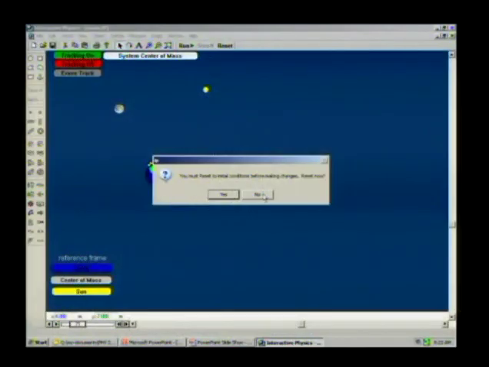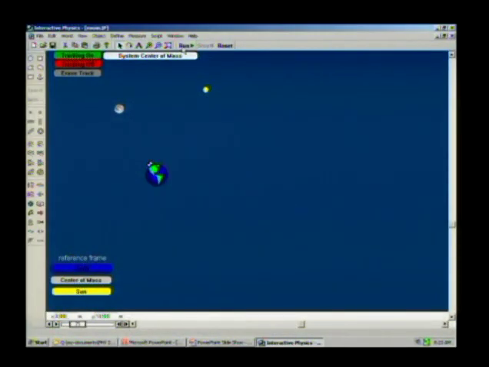All right, let's now take a look at another reference frame, the reference frame of the center of mass of the Earth and the Moon. So now this is how the objects are going to move. Does this make sense now?